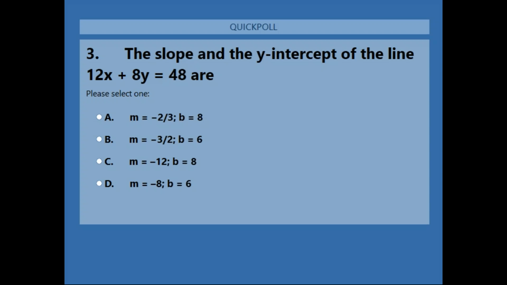A few more seconds, and we're going to do that question together so everyone is clear on the steps.